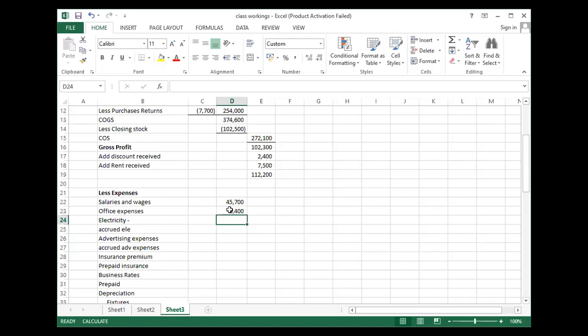So here we have 1,600, and then there is another amount, 700. What have we been told? That electricity charges accrued 700.